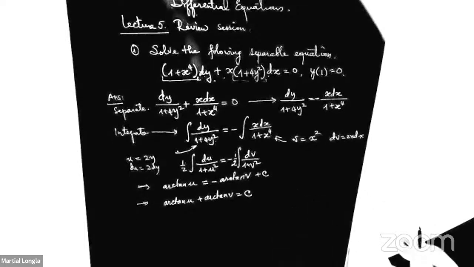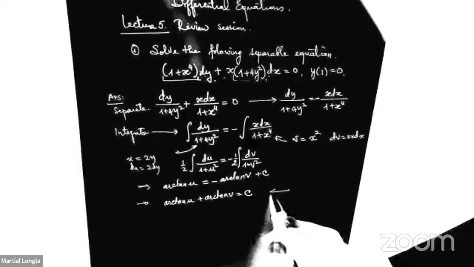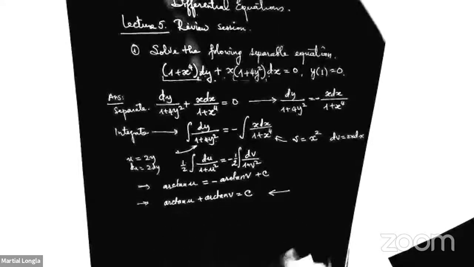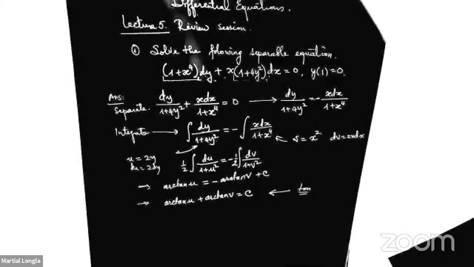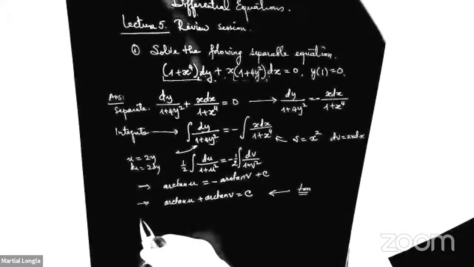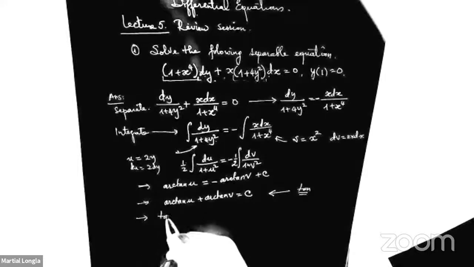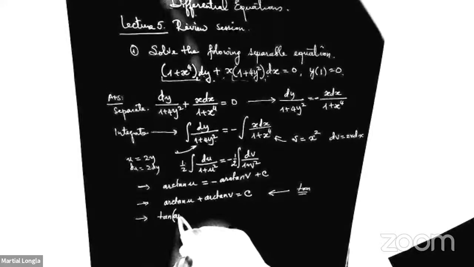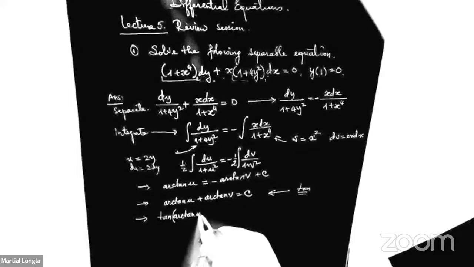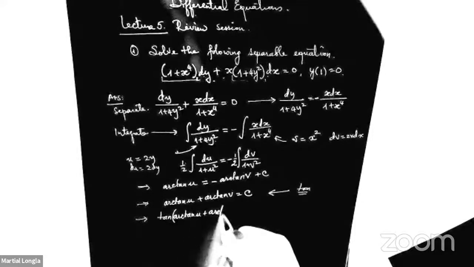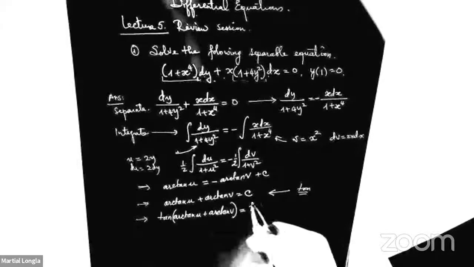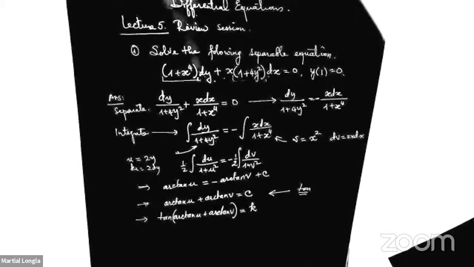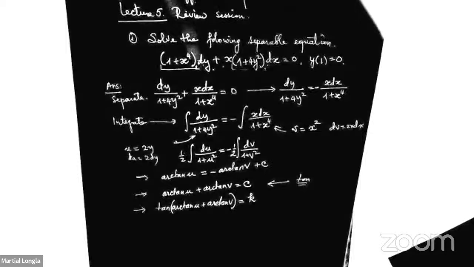Same as when you have both natural logs, you apply exponential. So here you apply the function that is the inverse of arctangent. You're going to apply tangent on this. And so you're going to have tangent of arc tangent of u plus arc tangent of v equals a new constant. Tangent of c is a constant. So it's a constant that you get.